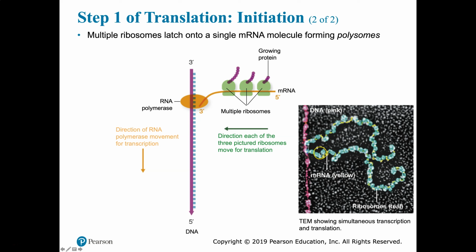And all these greenish teal blobs are ribosomes. So as the mRNA is being built, all these ribosomes attach and build a section of the polypeptide, and once they're all done, they piece the polypeptide together to make one functional protein. So it's happening simultaneously.